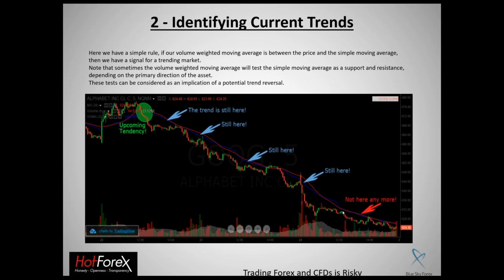Okay, because you see here at the very end that the volume weighted moving average did move above the simple moving average, and after this point it kind of stayed level with the simple moving average and didn't really move between the price and the simple moving average significantly. It didn't gain enough distance, so you should be really careful at this point already.